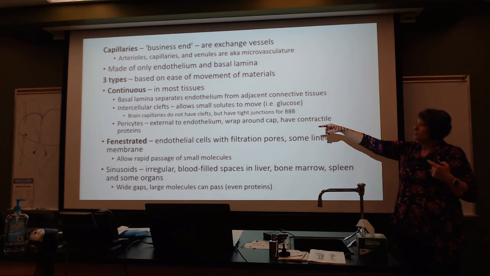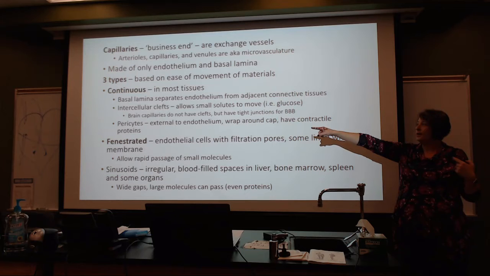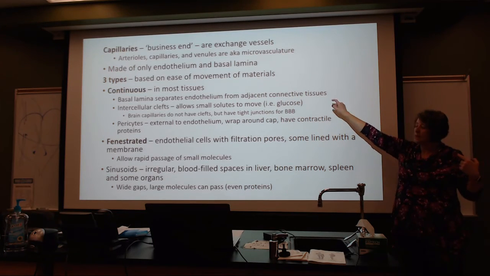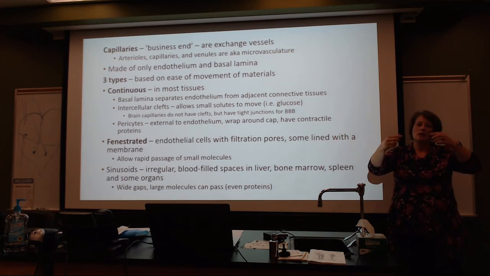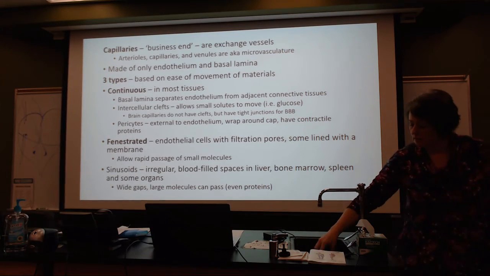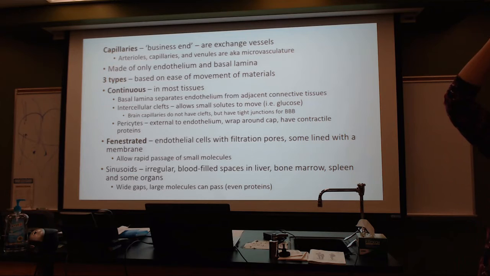That's it. It's only separated by that basal lamina and any tissues connecting to it. If it's only one cell layer thick and made up of simple squamous epithelium, this means there is some ease of movement, and materials can move through the cells or between them. We have little clefts.